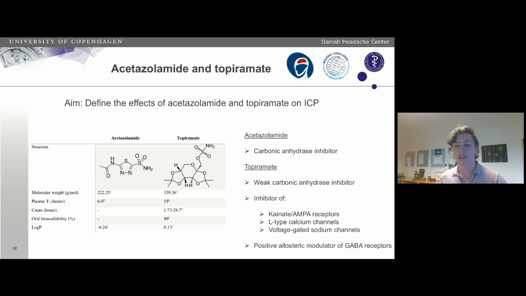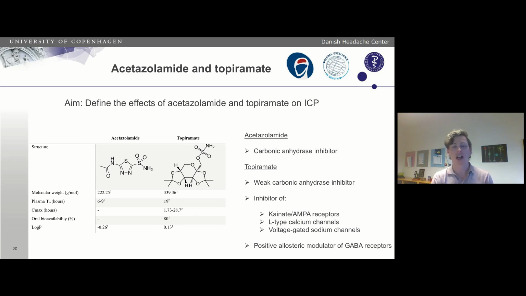So on to our final study here, the effects of acetazolamide and topiramate on intracranial pressure. As just mentioned earlier, there is no good clinical or preclinical evidence for these drugs. Therefore, we chose to assess whether these drugs modulate intracranial pressure at a pharmacological level, because we know that these drugs induce weight loss as a side effect.